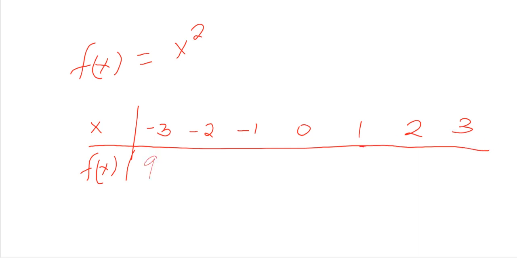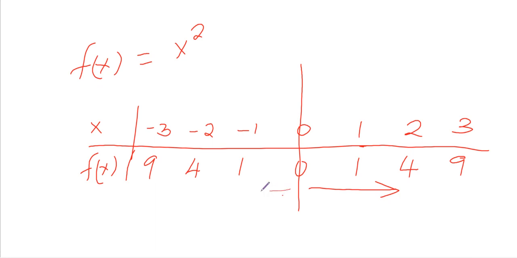Minus 3 squared is positive 9, minus 2 squared is positive 4, minus 1 squared is positive 1. The square of 0 is 0. Then the square of 1 is 1, the square of 2 is 4, the square of 3 is 9. So you see that this kind of function has a symmetry at 0, because the values we have on this side are just the reflection of what we have here.